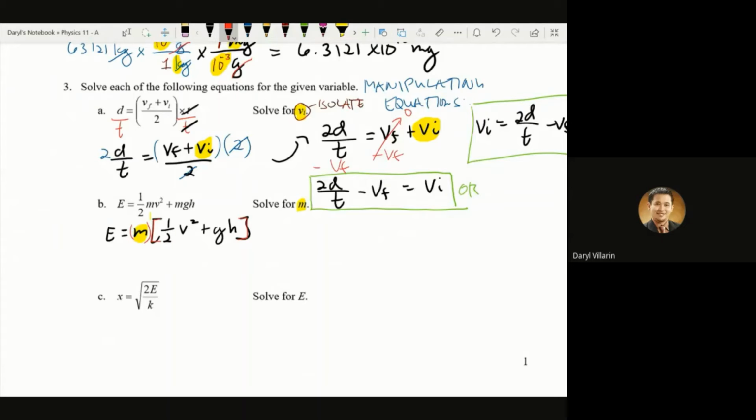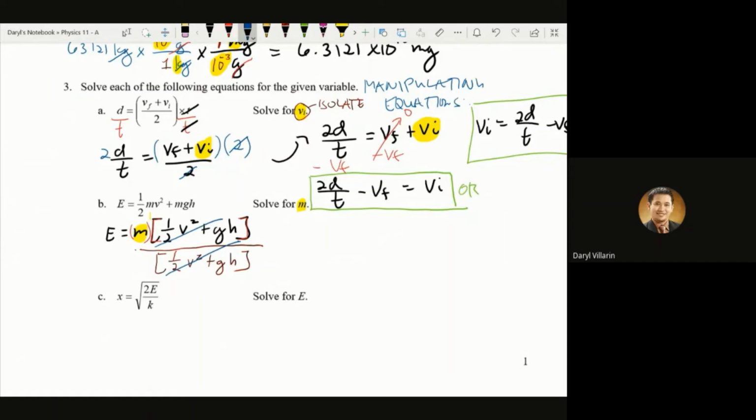So m times this whole thing, the operation is just multiplication. Is it not that if I divide this by the same exact factor, which is 1/2 v squared plus gh, okay? If I divide this side, is it not that this is canceled off or the value is just 1?